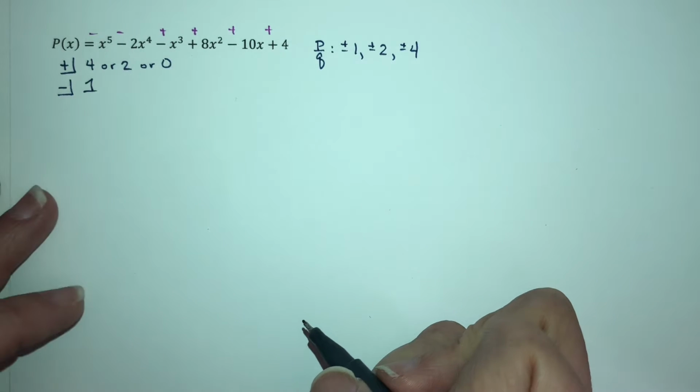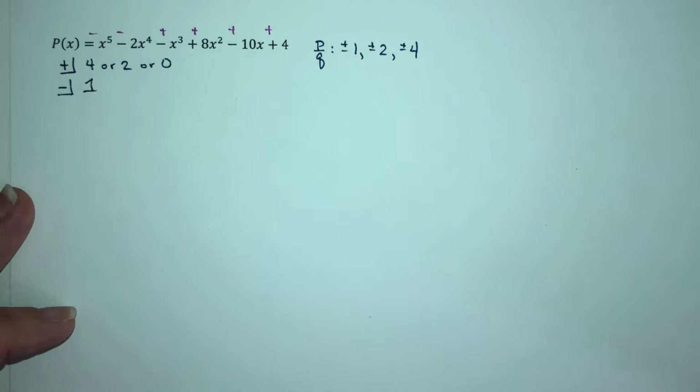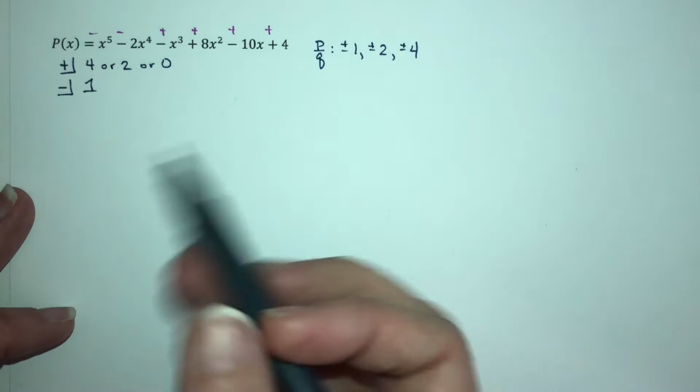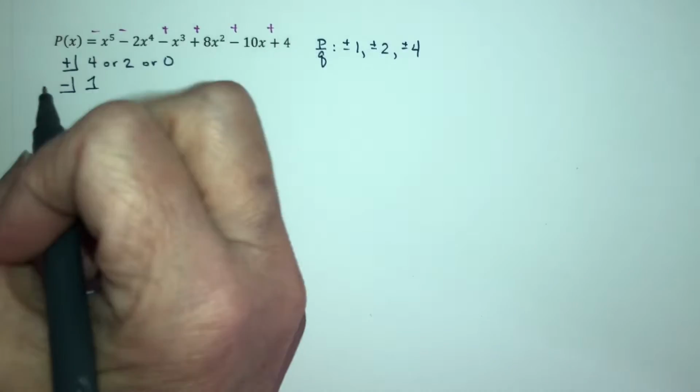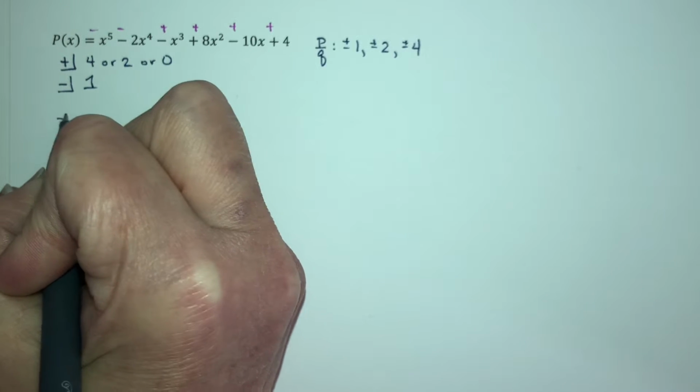Since I know I have a negative solution, I'm going to start off by testing my negatives and hopefully get something that's a little bit easier to deal with. So I'm going to test -1 first.